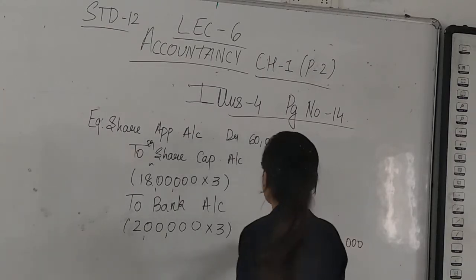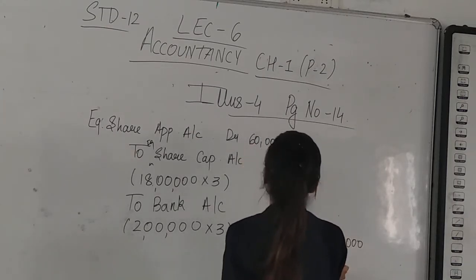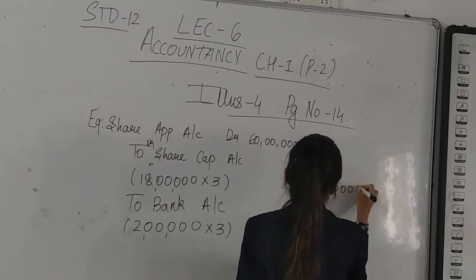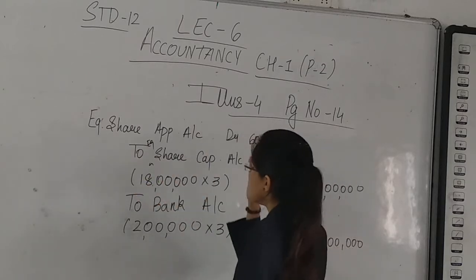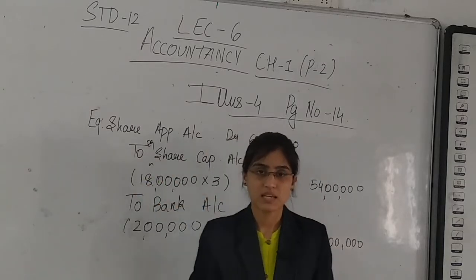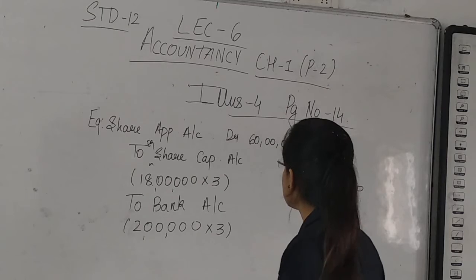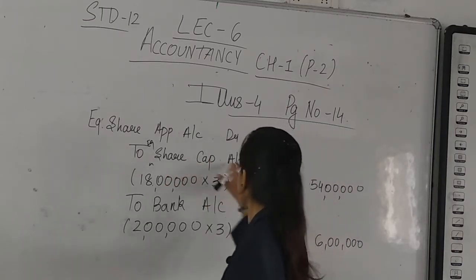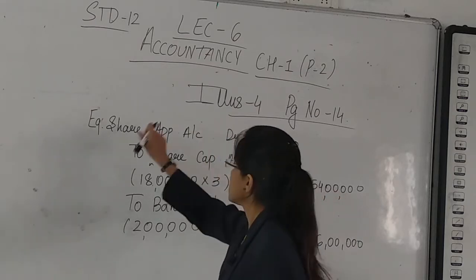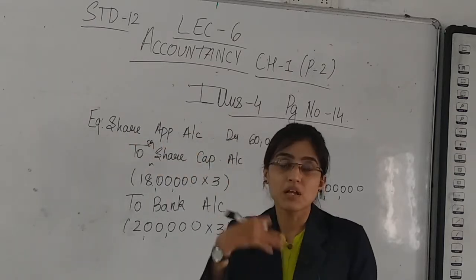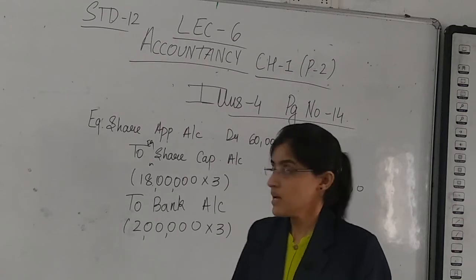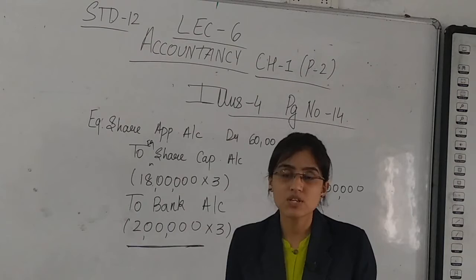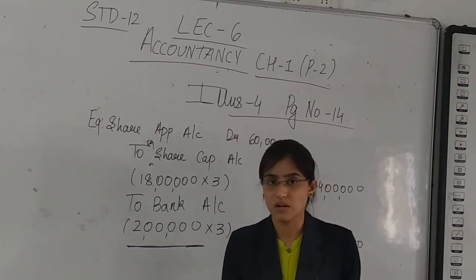And 60 lakh minus 6 lakh gives you 54 lakh, which is 18 threes. So 54 lakh rupees are to be transferred to share capital account for share application, the amount of share application. And the excess application 2 lakh have been rejected and the amount has been refunded.